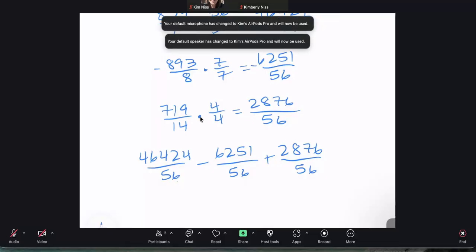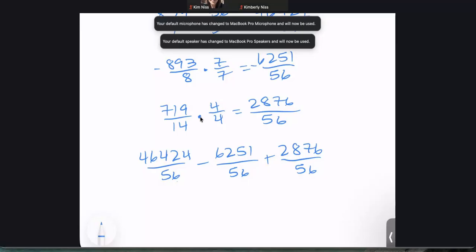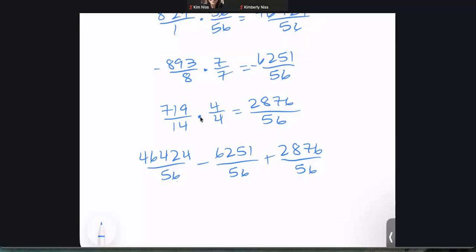And so in this case, we're going to do the addition first. So we're going to take the negative 6,251, and we're going to add the 2,876 to it.